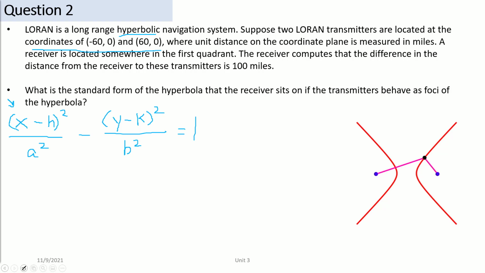Alright, so now if I make a sketch and I put the center at 0, 0, as I should, and put those 2 points -60, 0 and 60, 0, it gives me a better visualization of what I'm doing. It doesn't have to be an elaborate diagram.